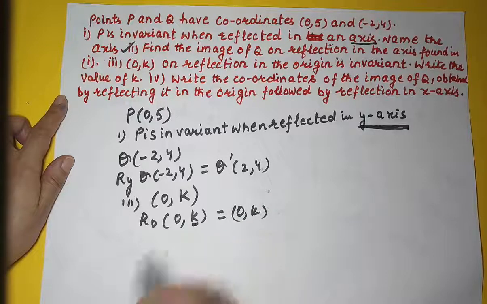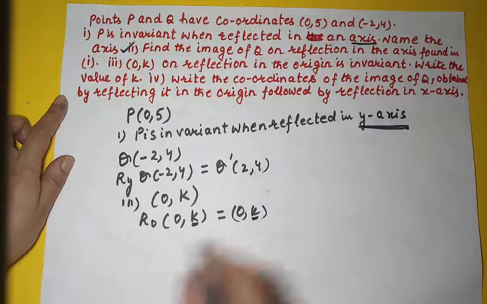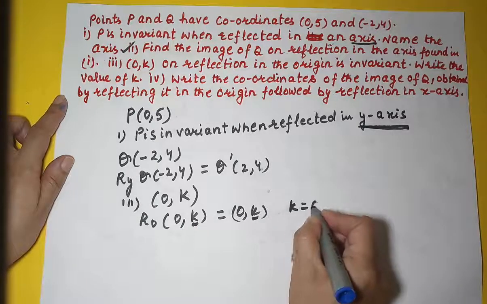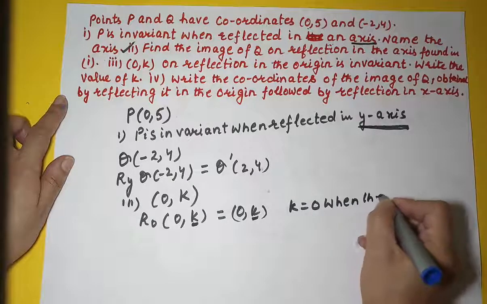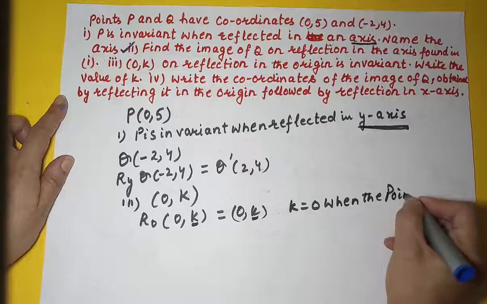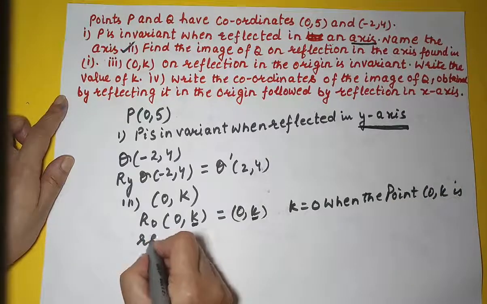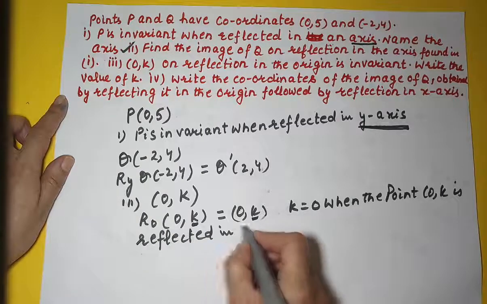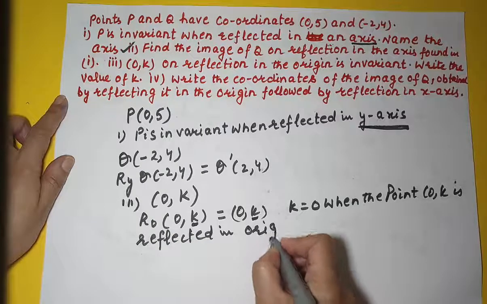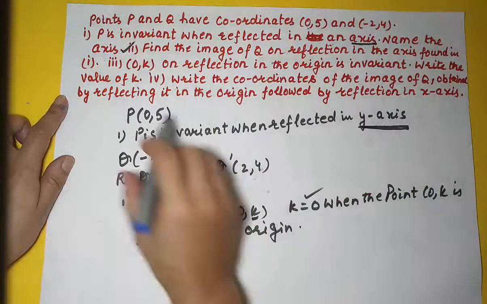So K should be 0. When will K not change? When it is 0, right? So I can say that K will be 0 when the point (0, K) is reflected in the origin. This part also done. Write the value of K. We have written the value of K.